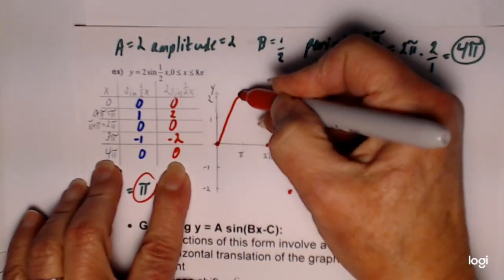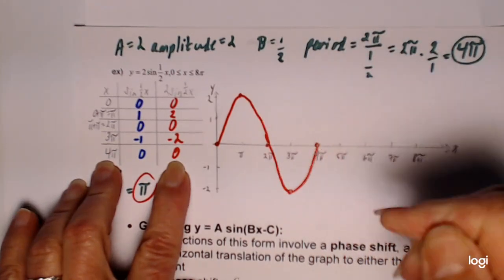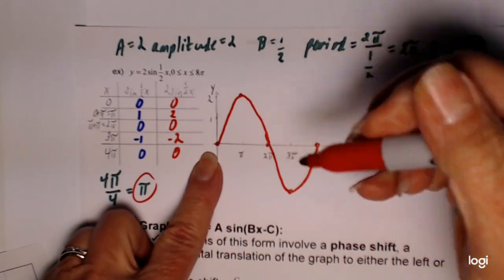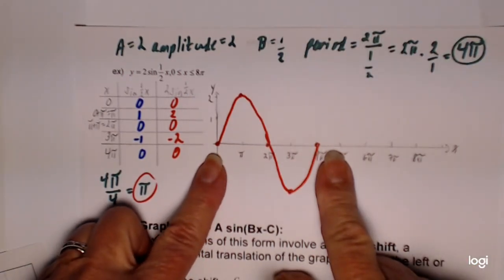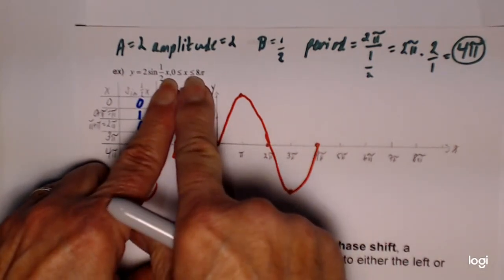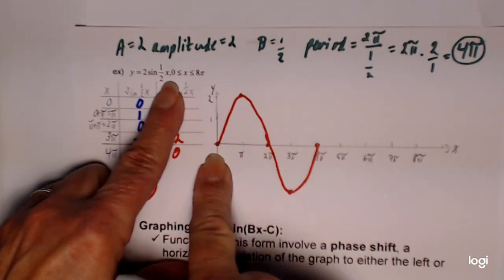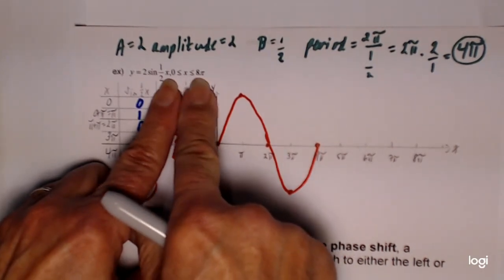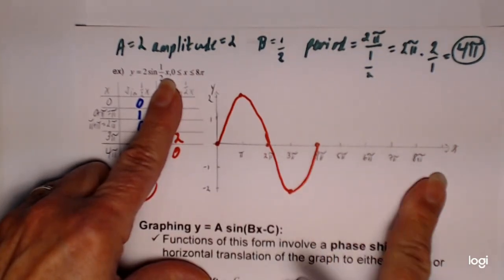So when we connect these, there is one period. It's a little lopsided, but there is one period here. Now, looking here, the statement says graph between 0, well, we started at 0, but now this says continue this until 8 pi. So 4 pi, 5 pi, 6 pi, 7 pi, 8 pi.